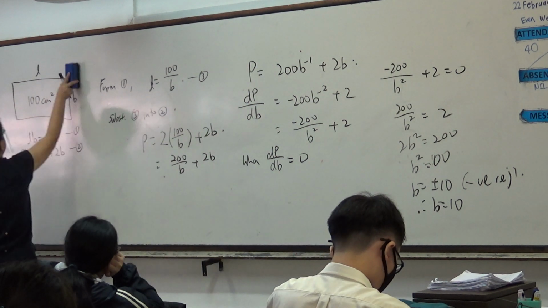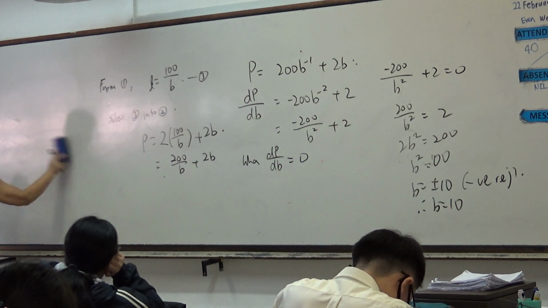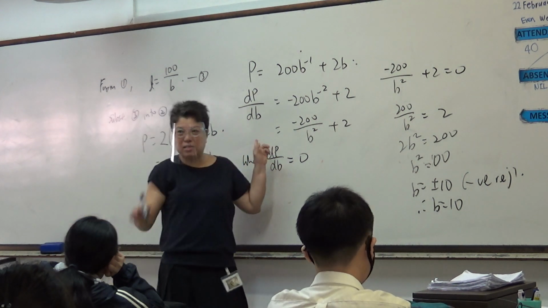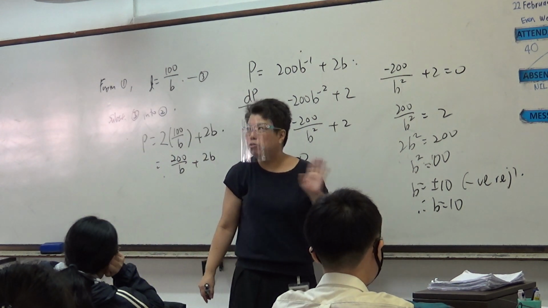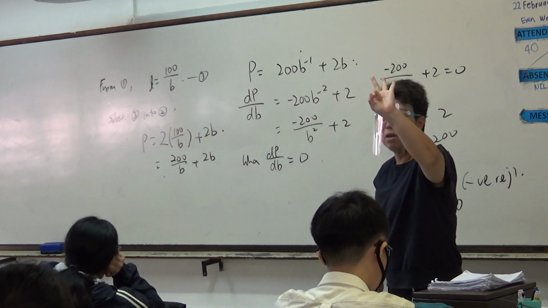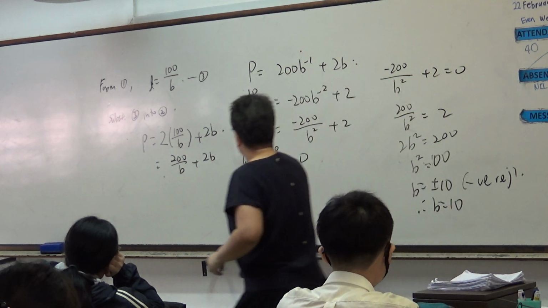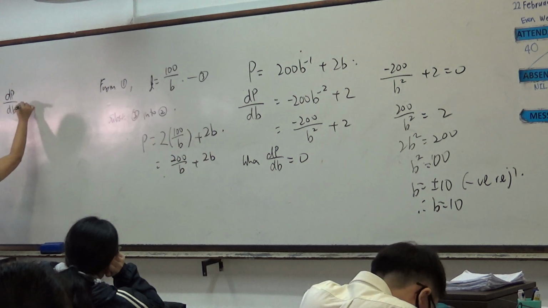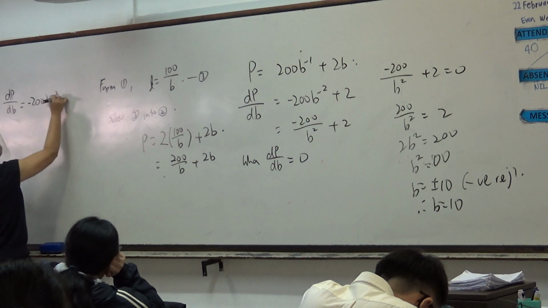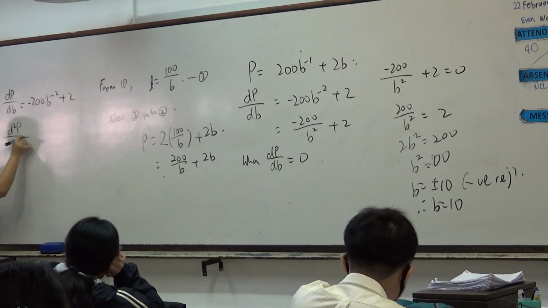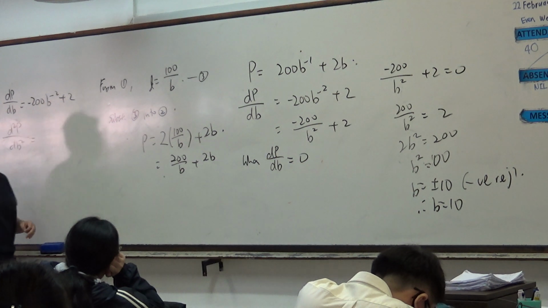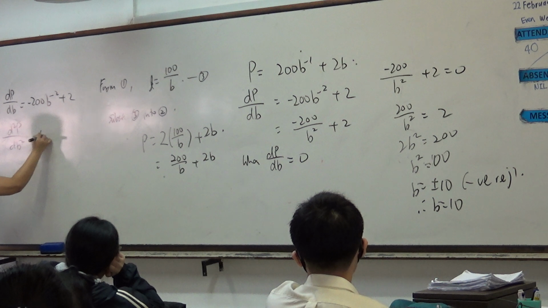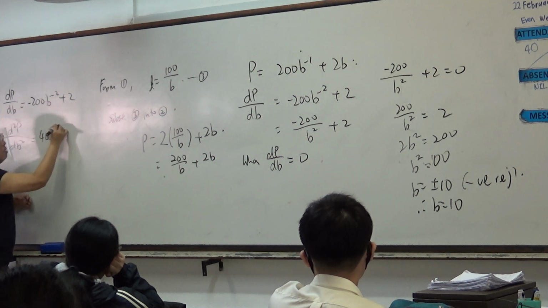Now, next thing. Now repeat. P is stationary. There's a stationary point at B equals 10. But we do not know whether it is a maximum or a minimum point. Agree? So dP/dB is this one. What is d2P/dB squared?